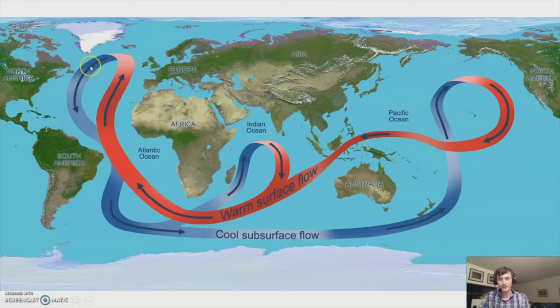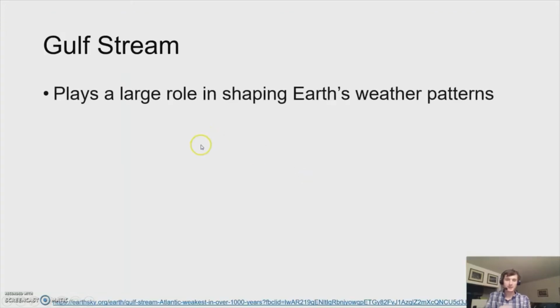And so it sinks, goes down. It's actually traveling beneath this warmer water here, all the way until it gets back to the equator. Then it heats up again and rises up, comes back to the top. So we're going to talk about one particular part of the ocean current system in particular.